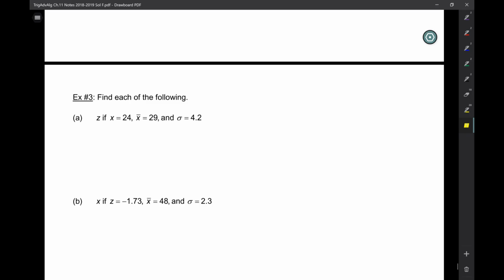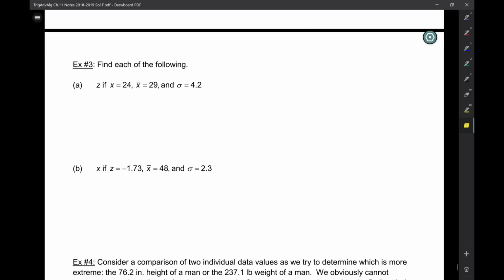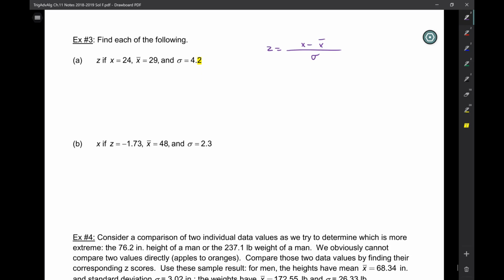So the first few are just basically plugging things in. You need to find z. X is 24, x bar is 29, and so on. So z is x minus x bar over sigma. This is 24 minus 29 over 4.2. Z is negative 1.19.